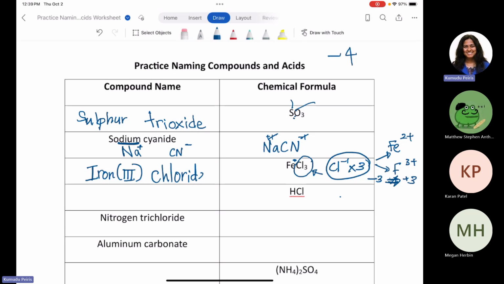You don't need to mention the oxidation number of the chloride because it always makes minus one. Do you have any questions so far?